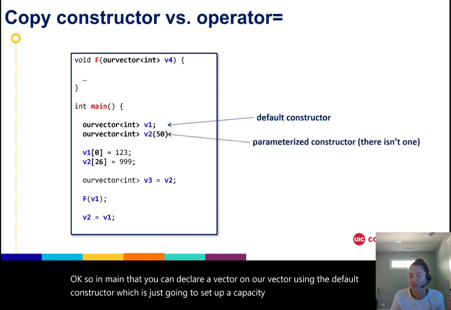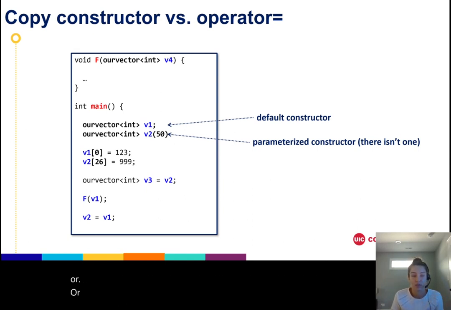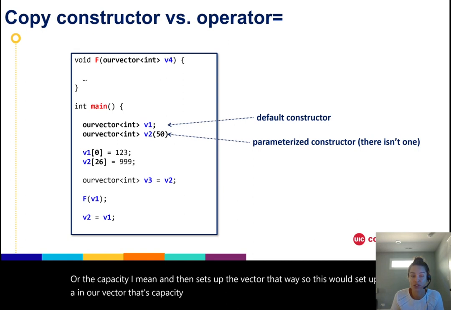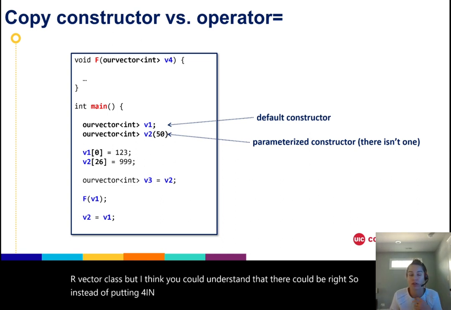You know that you could instead create a parameterized constructor, maybe one that passes in the size or the capacity, and then sets up the vector that way. So this would set up an R vector that's capacity 50. There isn't a parameterized constructor in the R vector class, but I think you could understand that there could be, right? So instead of putting 4 in all those spots, you would just put 50, the parameter that passes in.